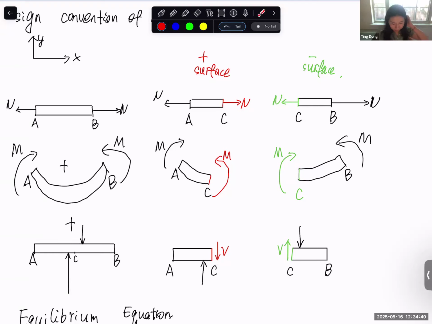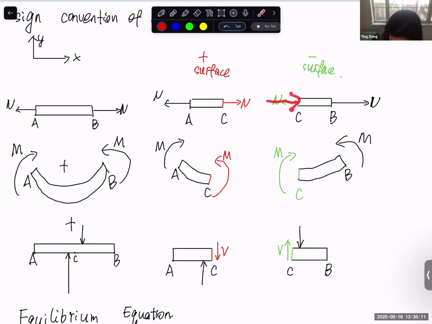And also I want to expand a little bit, since I feel like many of you are still confused about why we need to define a positive surface, a negative surface, and have this sign convention of the internal force. Let's say we define tension as positive for this 1D bar situation with only axial force applied, and somehow some of you make a mistake.